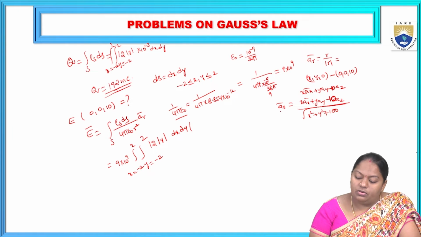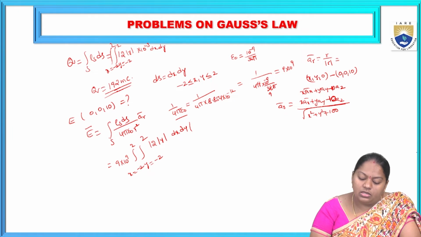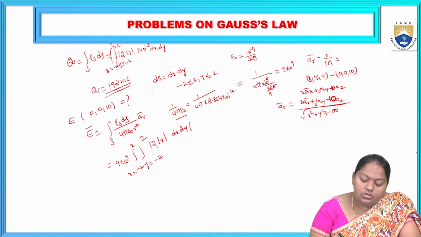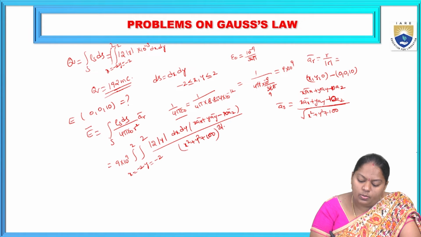So this is the value of aR, and if you substitute it in the R square, this becomes x square plus y square plus 100 whole power 3 by 2. So if you simplify, the aR value is x ax plus y ay minus 10 az by R, that is x square plus y square plus 100 whole power 3 by 2.